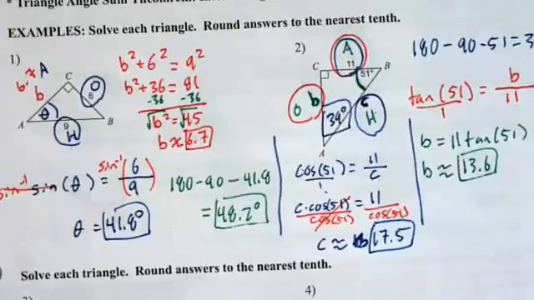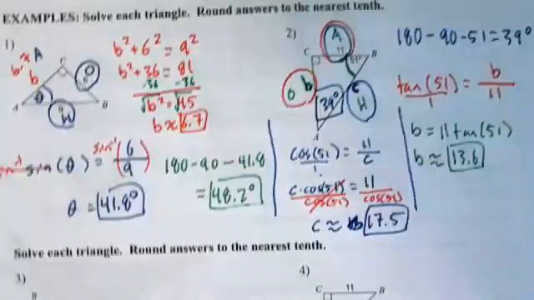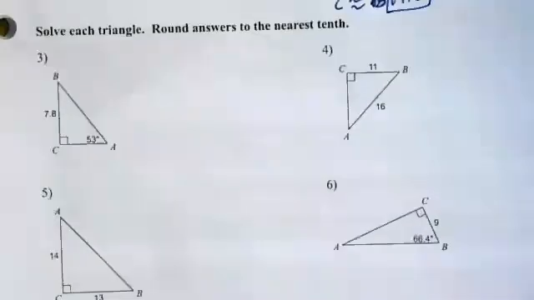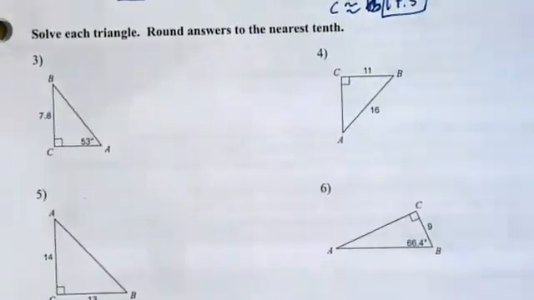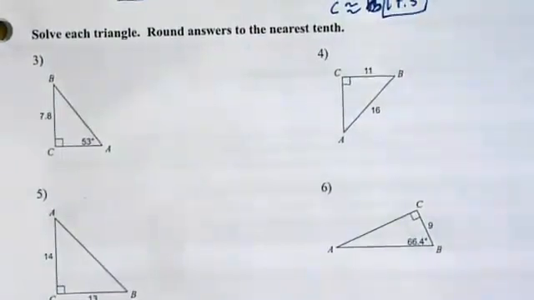This is a tad more complicated than what we've been doing because we're finding multiple pieces of a triangle, where before we were just finding one. So I would like you guys to do a little practice with the problems down below. Give those a try. And when you're finished with that, we've got some options. Let me go ahead and stop the recording here.